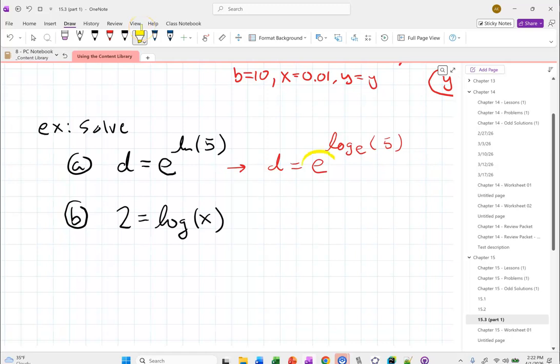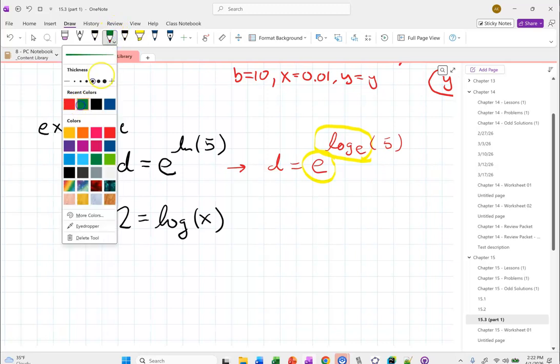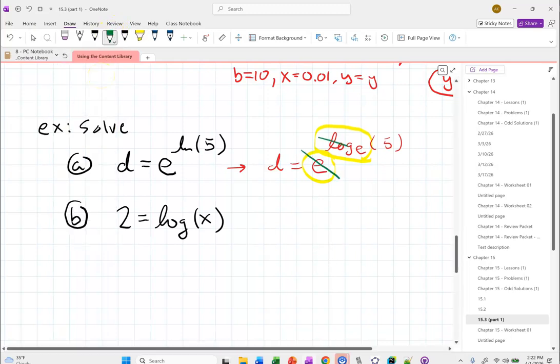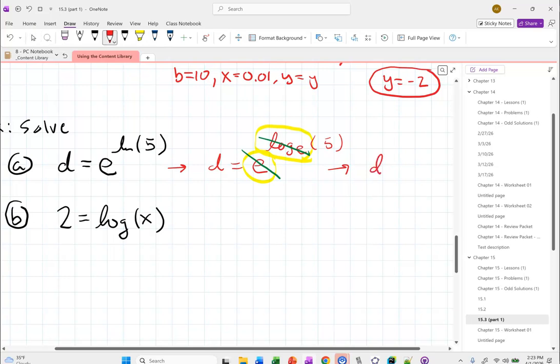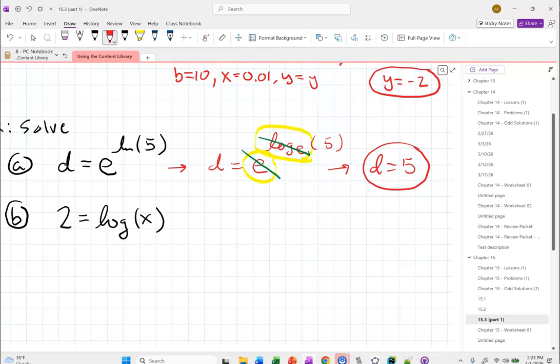And now notice that we have exponent base e and log base e. What's going to happen with those two? They cancel out. And what are we just left with? That d is equal to 5. And we're done. Is everybody okay there? Okay.